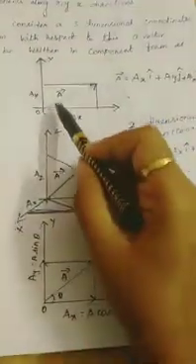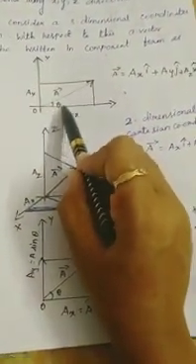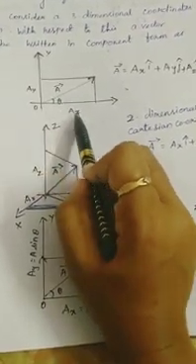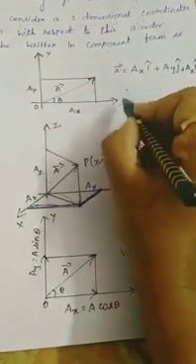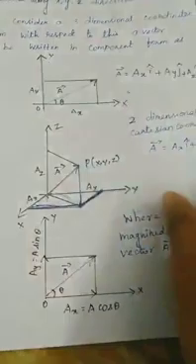So a vector is equal to ax i cap plus ay j cap. And if a vector makes an angle theta with ax and ay as the components along the x-axis and y-axis. This is the x-axis and this is the y-axis. Now we have to find theta. So first we have to find sine theta. Sine theta is equal to what?